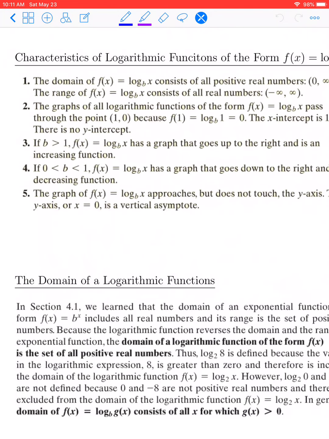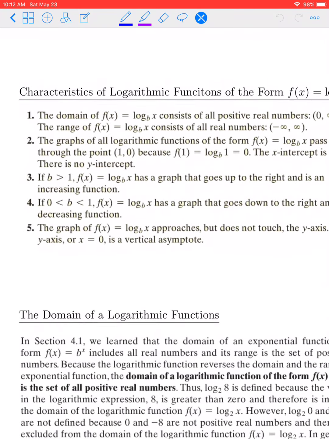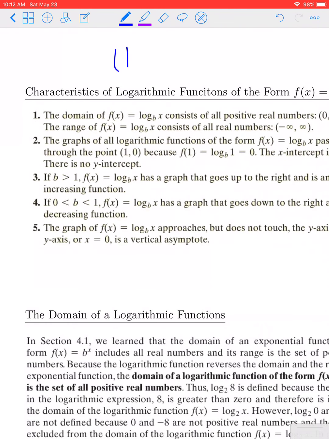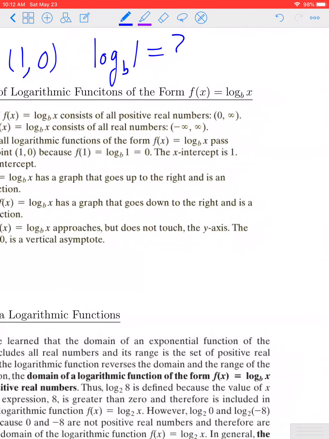From the graph, you can glean some of the key characteristics of the logarithm graph. A couple of things you would want to know is that, first of all, it has the x-intercept (1, 0). The reason for this is if you look at log base b of 1, you're essentially asking this question: what exponent, or what power, do I have to raise b to in order to get the value 1?